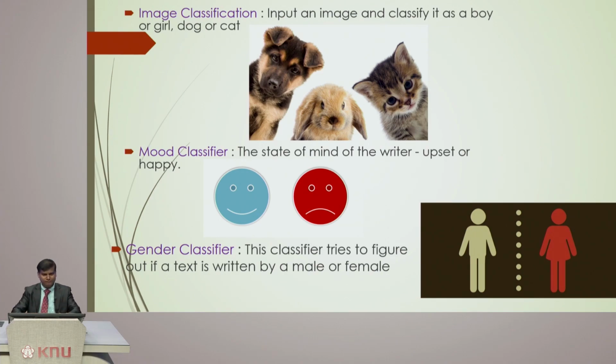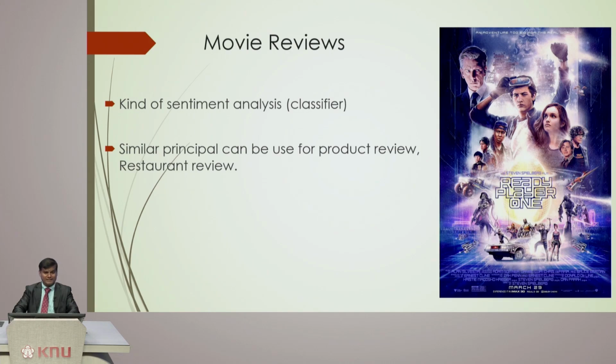So today we are going to look at movie reviews and see how to classify them. The classifier we are going to use here is the sentiment classifier, or sentiment analysis, the same method that can be used for product reviews, and also for restaurant reviews.